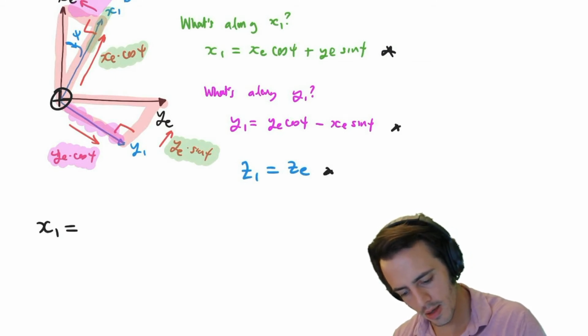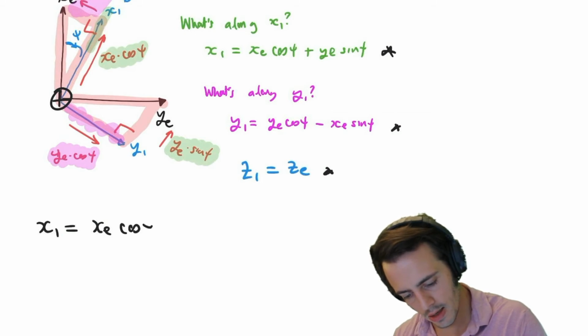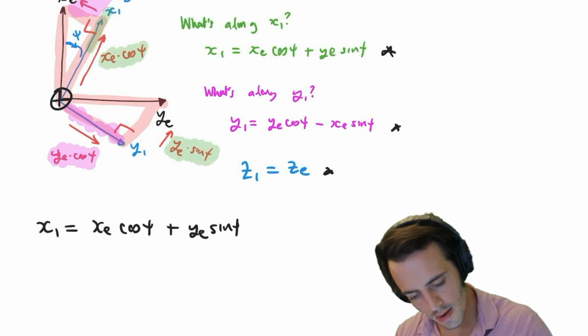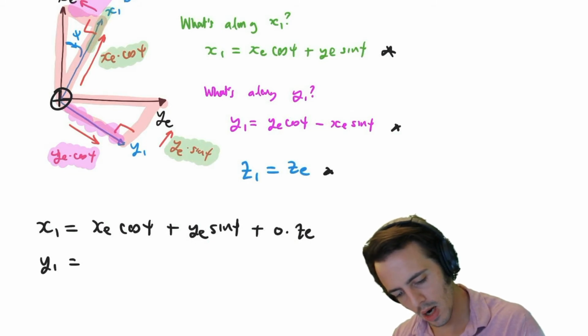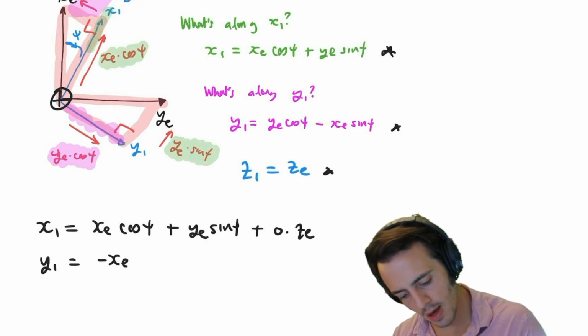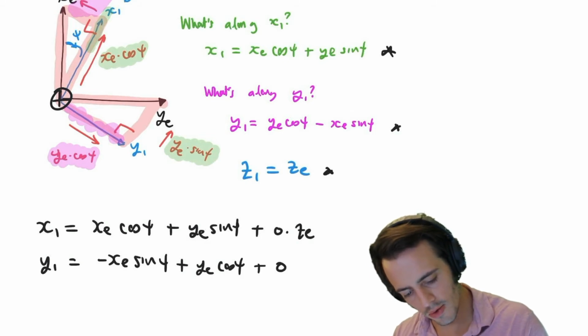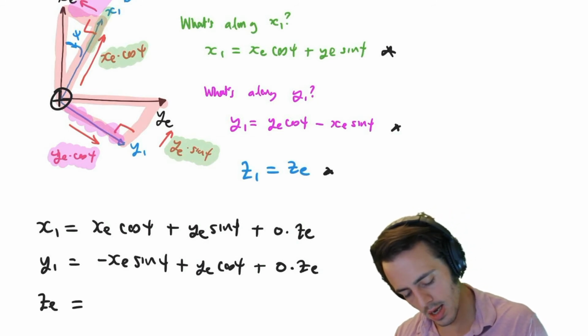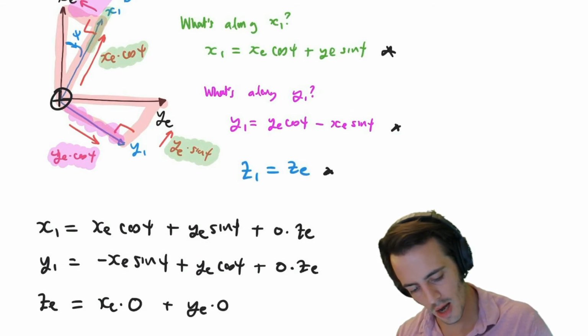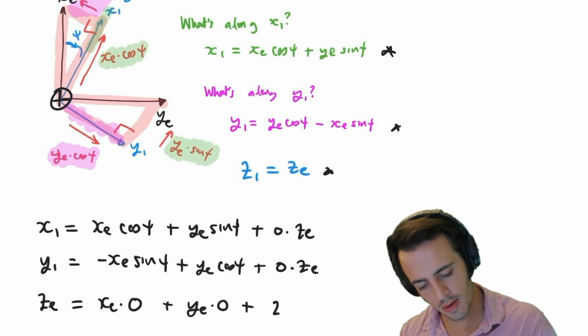We say x1 is equal to xe cosine psi plus ye sine psi plus nothing times ze. y1 is equal to minus xe sine psi plus ye cosine psi plus nothing times ze, and then z1 is equal to xe multiplied by nothing plus ye multiplied by nothing plus ze.